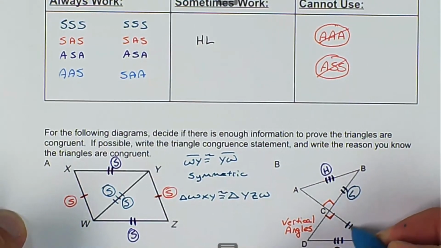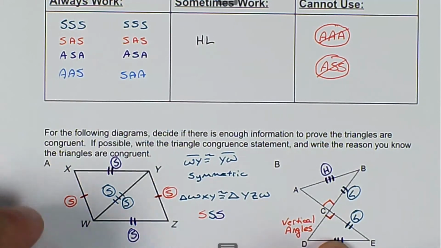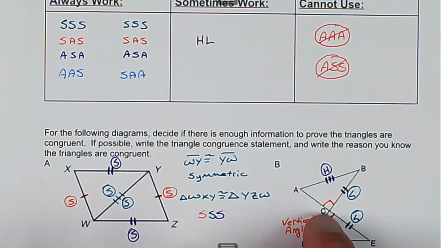So yes, this is congruent. Oh, I forgot to say by, this is congruent by side, side, side. So this triangle over here is congruent by hypotenuse leg, and I'll start with C. So I'm going to go C, then it's going to go 2, 3. So CED.